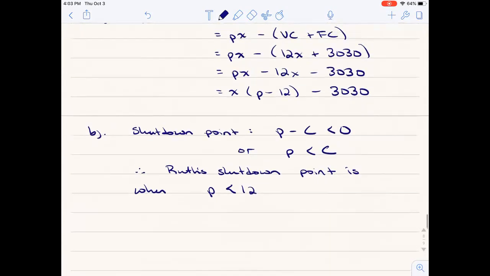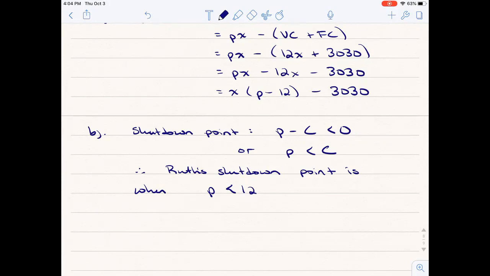And you can remember that by saying, okay, well, if I have P less than 12, let's say 10 minus 12, that's -2. My profit would be however many I sold times -2. That's actually eating away at my profit, right? I'm paying $2 per unit I sell.